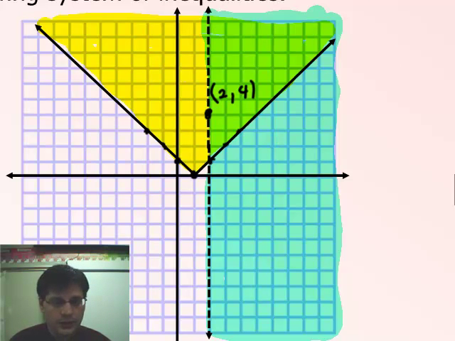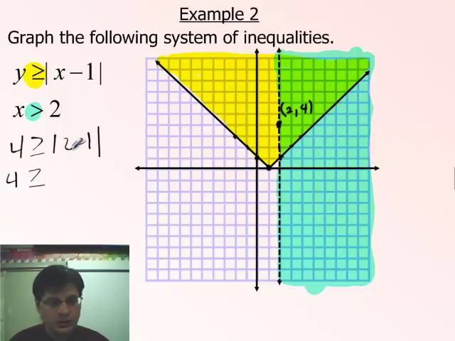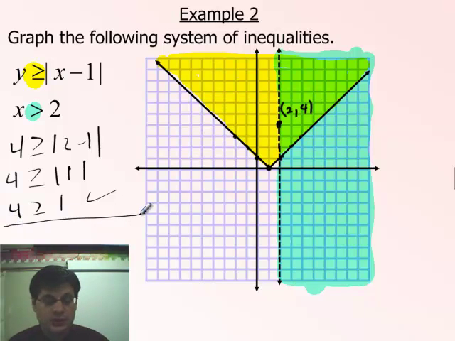We'll start off with the absolute value. So 4 is greater than or equal to the absolute value of 2 minus 1, and 4 is greater than or equal to, so this is going to give me the absolute value of 1, which is just 1. So 4 is greater than or equal to 1. So that clearly works, as we anticipated.